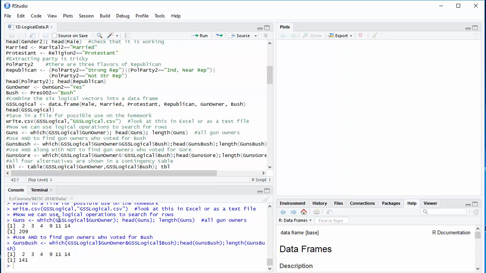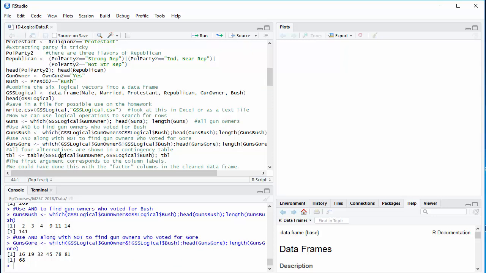When I look at that, well, the first 6 are the same, and in fact, there's still 141 entries in this vector, so we know that of our 209 gun owners, 141 of them voted for George Bush rather than Al Gore. If we use AND NOT, so we look for rows that have true for owns a gun but did not vote for Bush, we get all the gun owners that voted for Al Gore, all 68 of them.